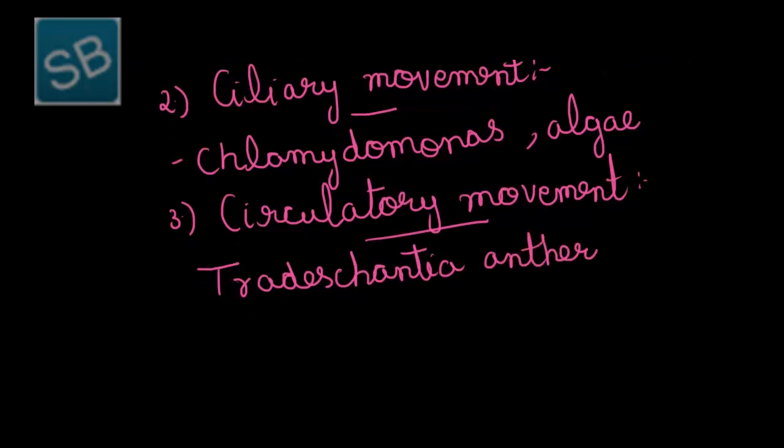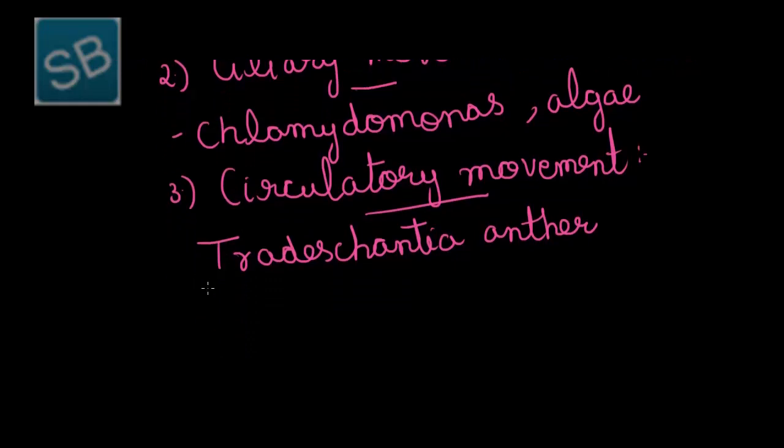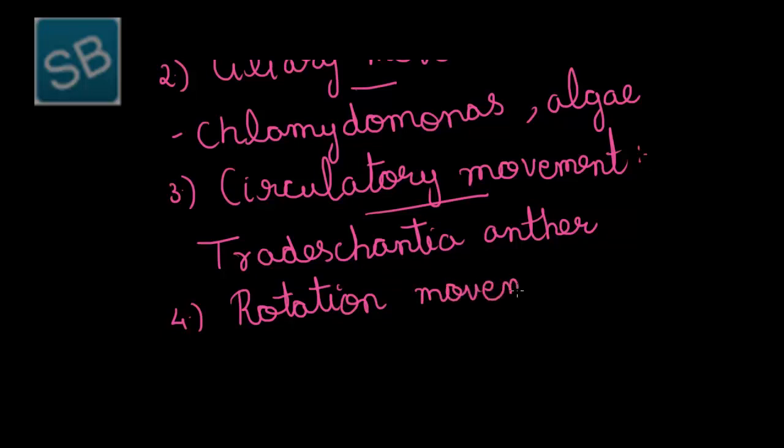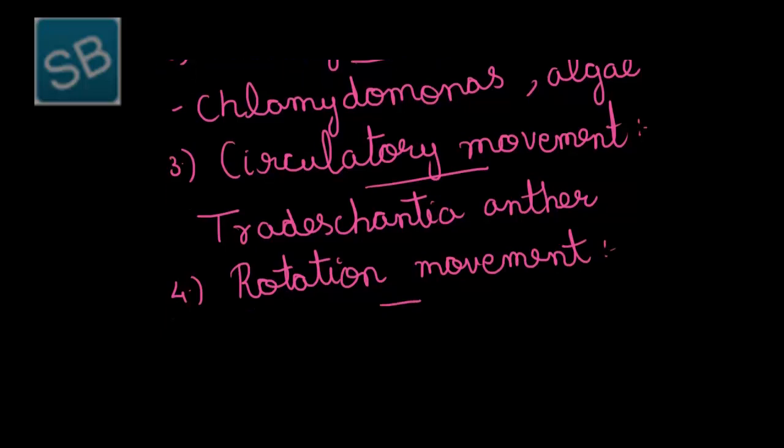The fourth and final type of movement that occurs under autonomous movement is rotation movement. Such a type of movement occurs due to change in the cytoplasmic activity, that is, in the cytoplasm that is present within the Hydrilla leaves.